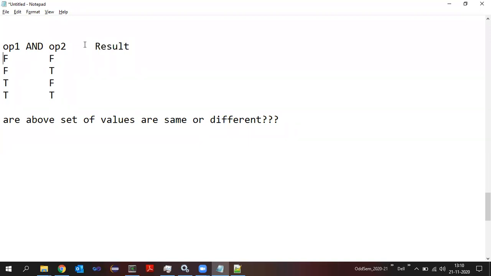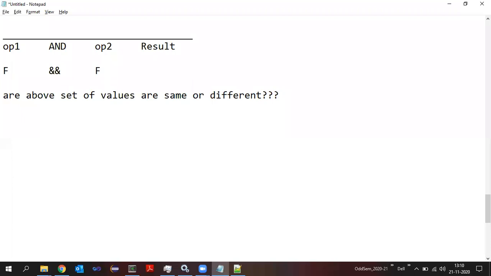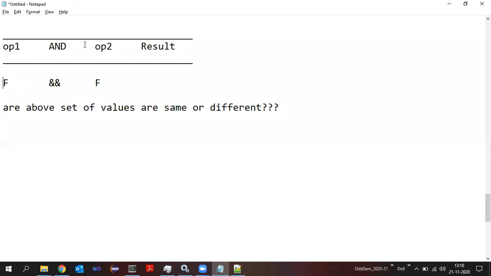Now just try to visualize that this is a table.